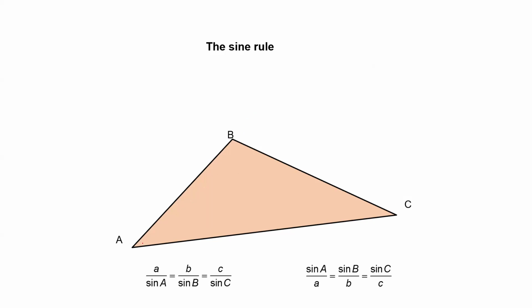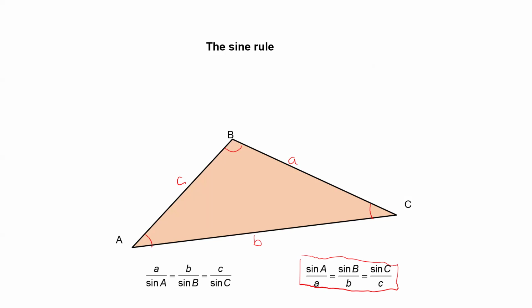So this is angle A, this is angle B, this is angle C. The side opposite angle B is small b, the side opposite angle A is small a, and the side opposite angle C is small c. The sine rule can also be written like this, you just invert the positions.